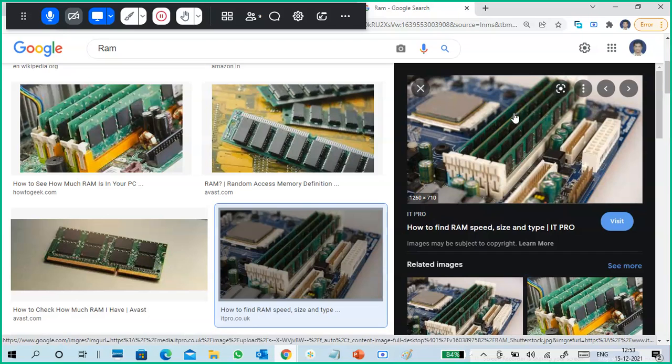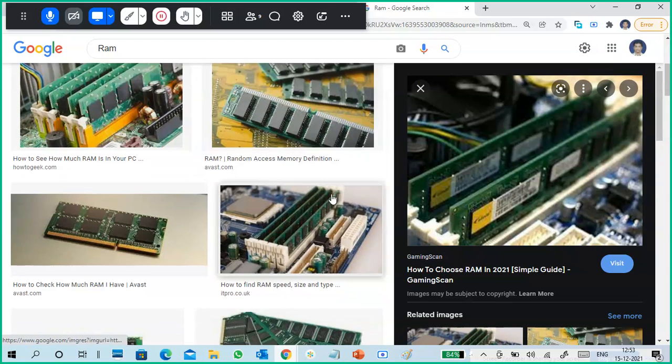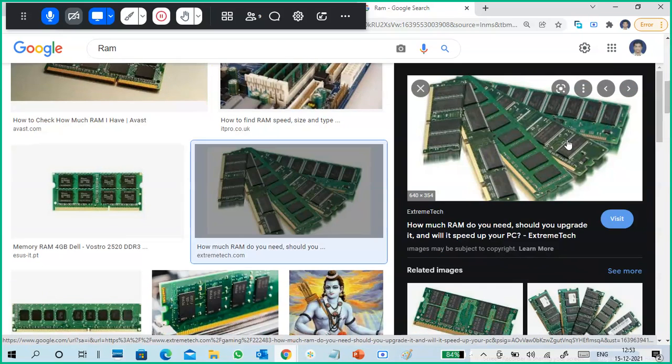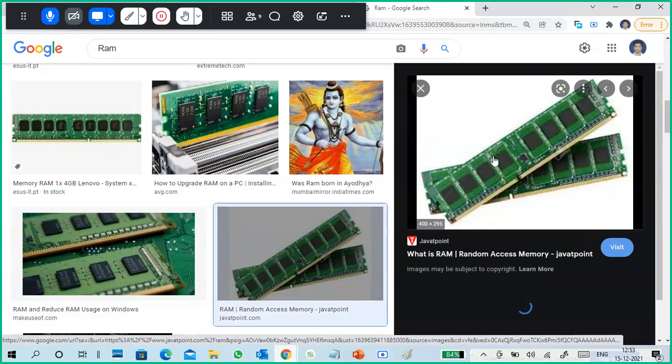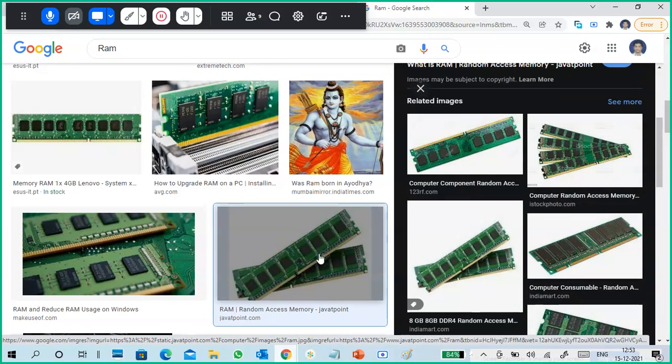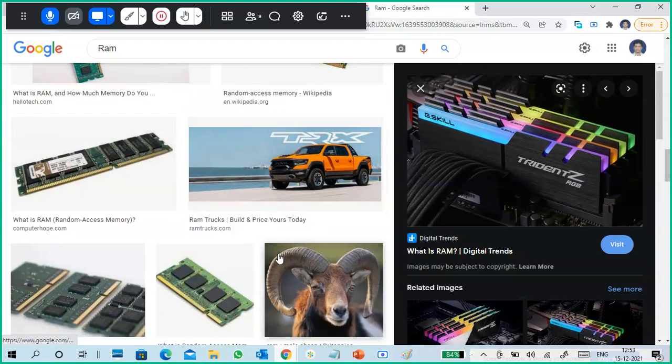We can insert it and we can remove it. We can change the RAM without much hard work or soldering kind of stuff. Simply we can insert the RAM and remove the RAM also.